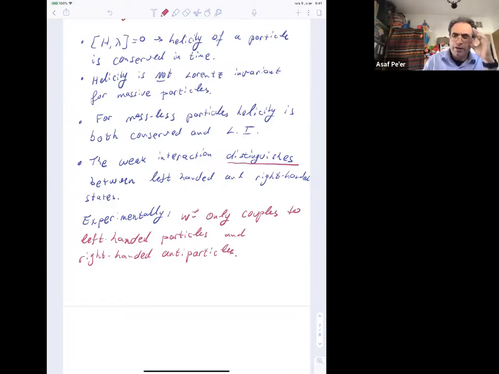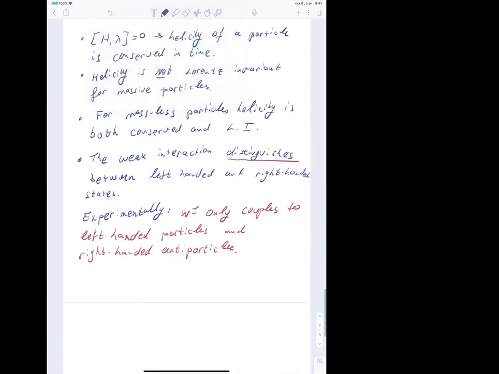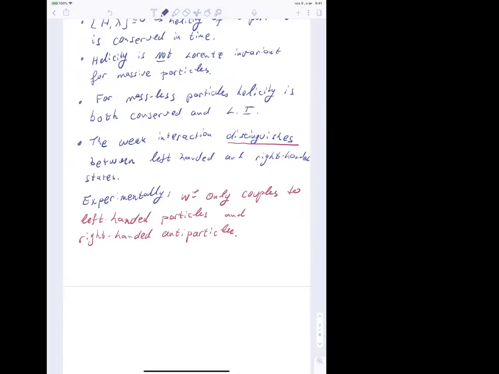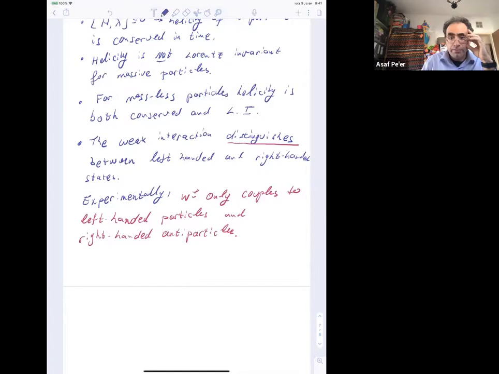Okay, there is something in nature that breaks the symmetry. Right-handed and left-handed in terms of helicity or chirality? Helicity. Talking about helicity here.